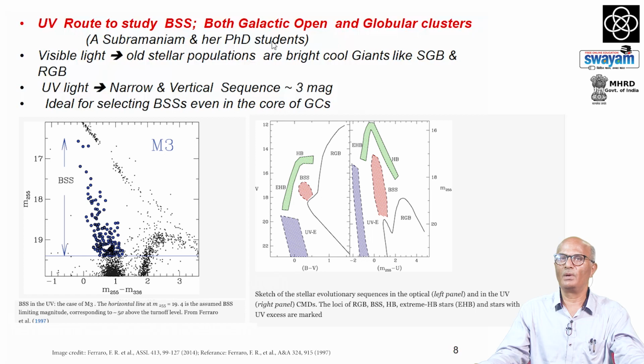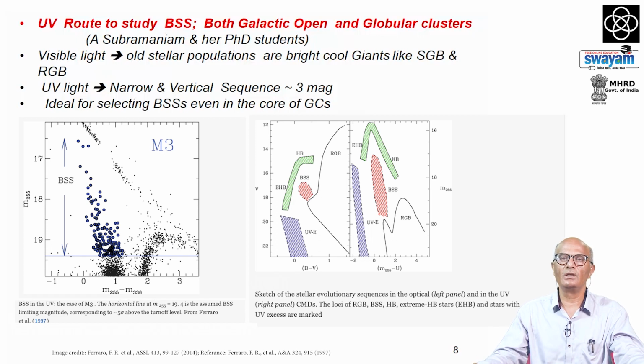We have observed about 8 open clusters, and she has observed 6-7 globular clusters, and we are trying to put them together to understand the theory. Some of the results I will try to highlight here and mention how they help.